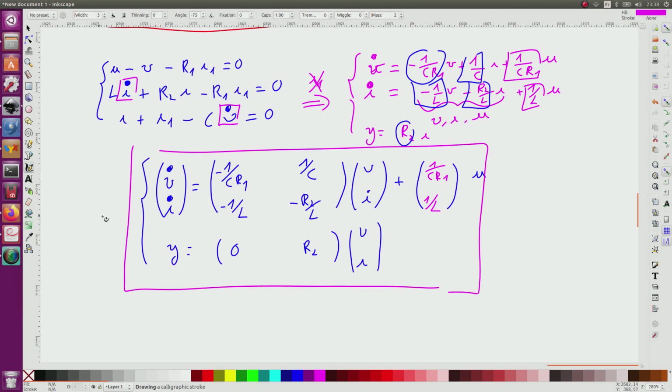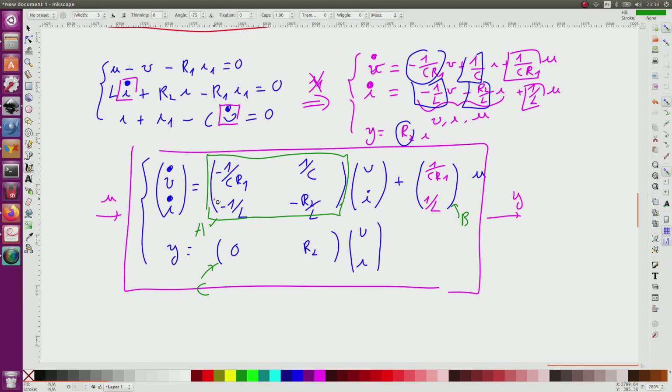The input is U, the output is Y. Here I have the matrix A, which corresponds to the evolution matrix. Here B, the control matrix. This one C, the observation matrix. So if I want to study the stability, I have to check the eigenvalues of this matrix.